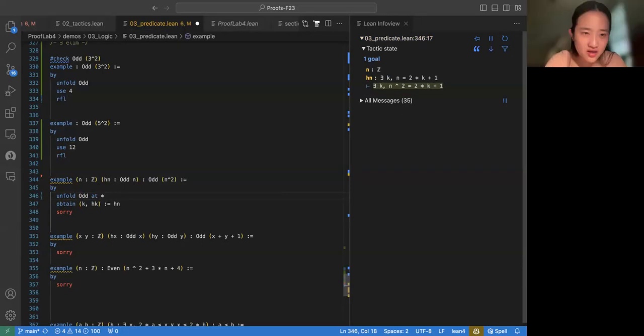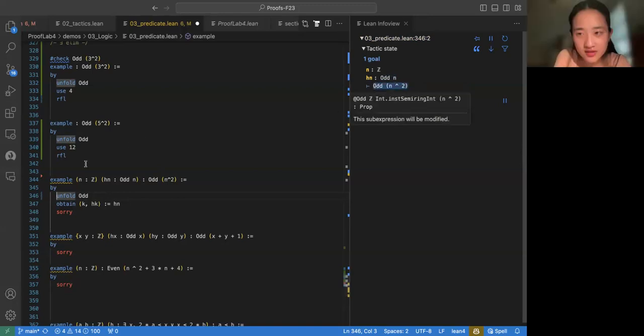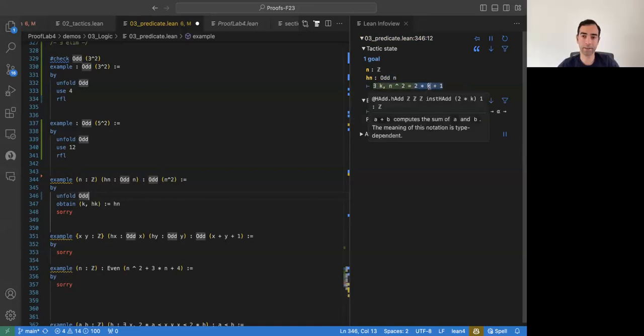Yeah, you kind of lost me at the star. Okay. So our goal now is to prove, under the hypothesis that n is odd, that n squared is odd, right? So if like before, I do unfold odd, which basically unfolds the definition of odd, then I get something like this.